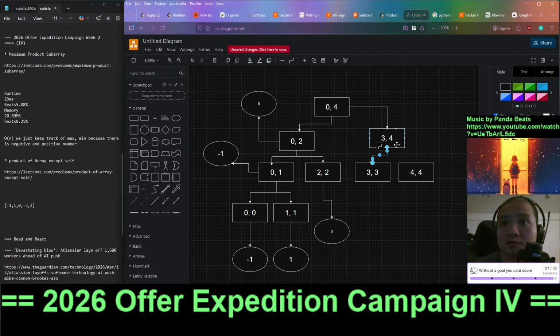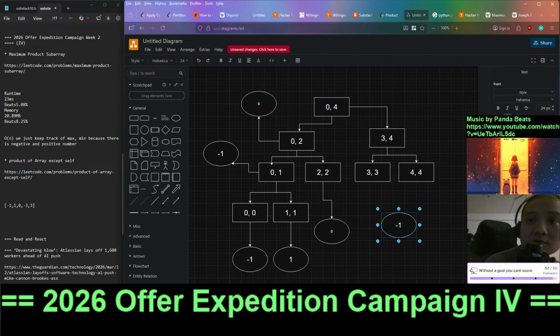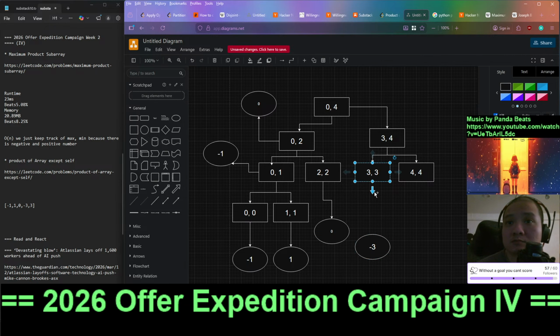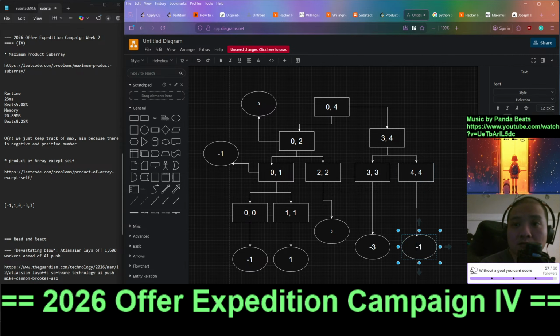This is 3, 3, so 1, 2, 3 is negative 3. This is three.